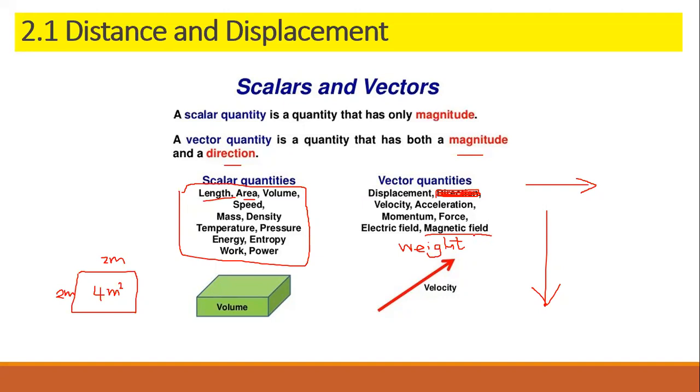So they have a particular magnitude. Some cannot attract large objects, but some magnets can attract large objects because they have a high magnetic field. So magnitude is there, and direction is also there.